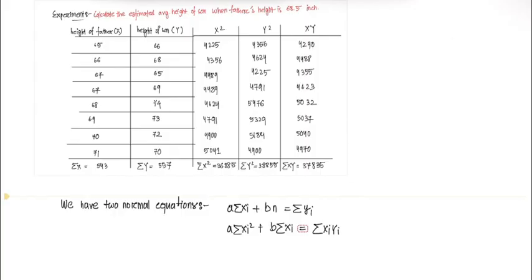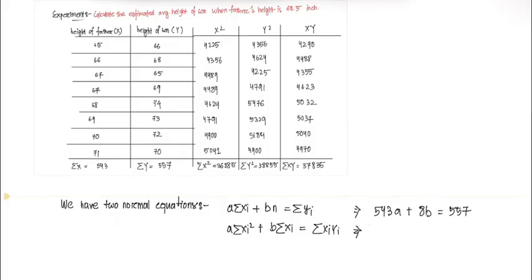So we have already all the values, so we will put the values. What is the equation? 543a plus 8b equal to sum of yi, 557.